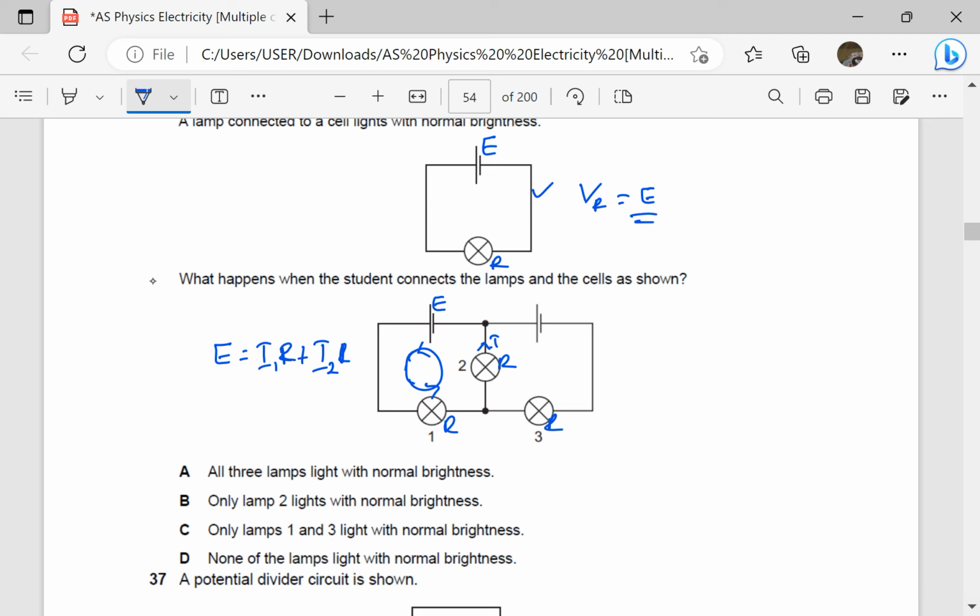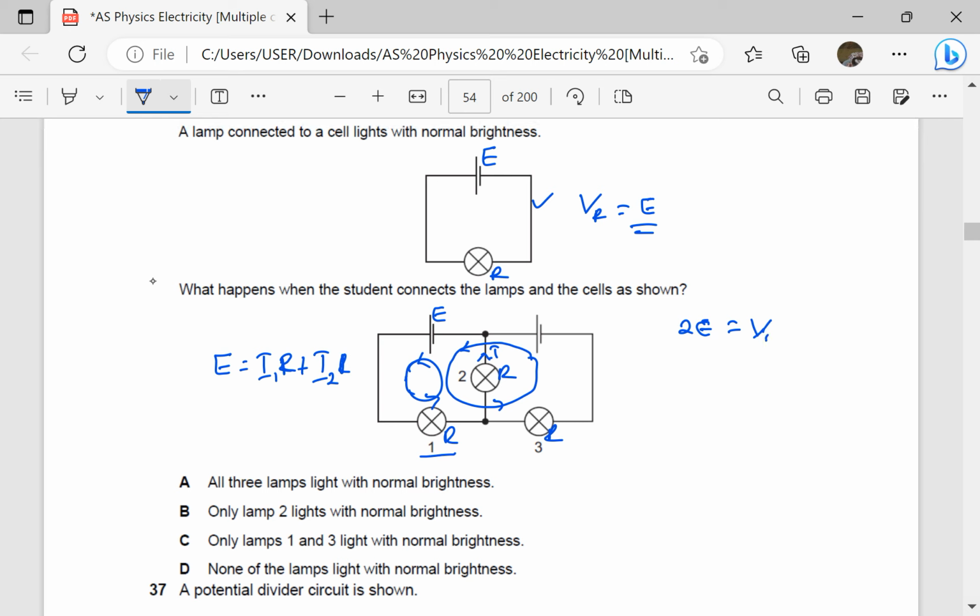Let's check if we put a loop there, which is also clockwise. Let's consider such a loop. It means the sum of EMFs is going to be twice E. The sum of PDs will be the PD across 1 plus the PD across 3.